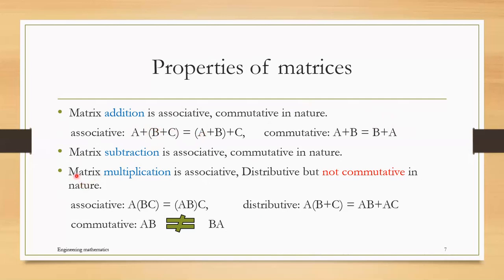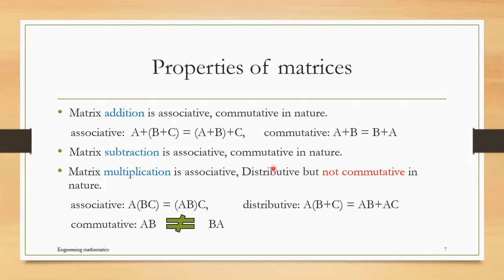Next, matrix multiplication is associative, which means A into (B into C), where we first multiply B into C and then multiply the result with A, will be equal to (A into B) into C, where we multiply A and B first and then multiply the result by C. The result will be equal in both cases. So matrix multiplication is associative.